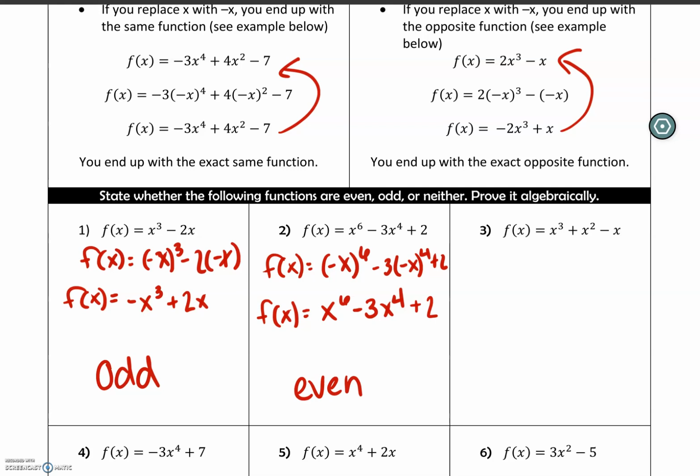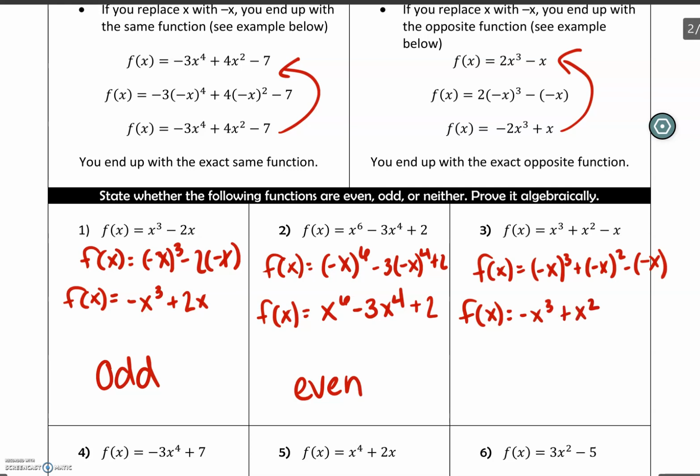Number 3, right away we see we have an odd exponent and an even exponent. But let's see what happens algebraically when we substitute that negative in. All right, so now when we go to simplify, negative x to the power of 3 will stay negative x cubed. Negative x to the power of 2 will result in a positive value because there's an even number of negative signs, so plus x squared.